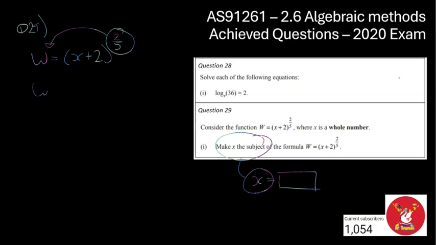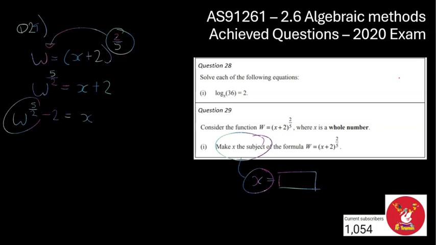So this becomes w to the power of 5 over 2. You can see that fraction has been switched around as I move it to the other side. That's going to be equal to x plus 2. Because I want x by itself, I'm going to move the 2 over to the other side, and it becomes a minus 2. So we have w to the power of 5 over 2 minus 2 is equal to x.